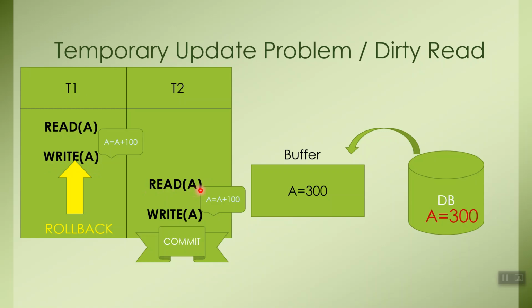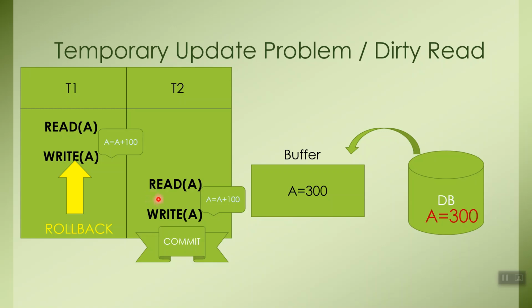So there was some temporary value updated by transaction T1 which was read by the read A operation of T2. Then it performed its further operation on the same value, and now A's value has become 300. Later on, it committed its execution. That means all the changes made by T2 are reflected in the database. Meanwhile, T1 has failed and rolled back. So whatever has been executed by T1 no longer exists. It has been undone.